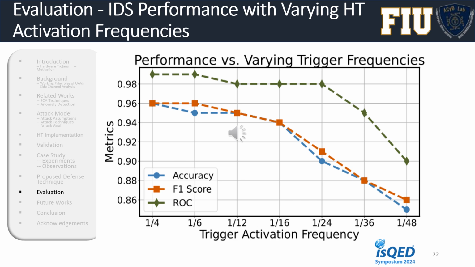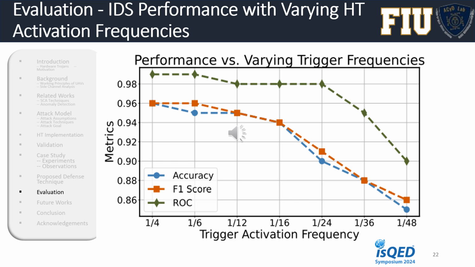I would say it is around 0.84. So the accuracy is pretty good when it comes to very low activation frequency. The F1 score is a little bit higher, as well as the ROC. The ROC does good.